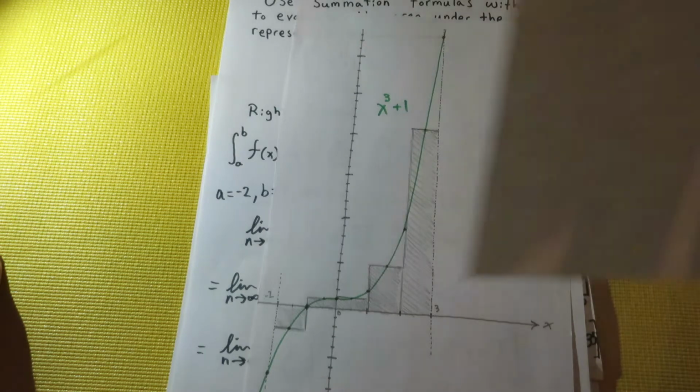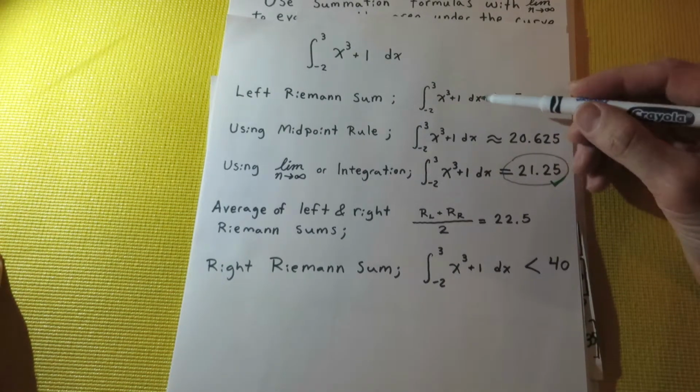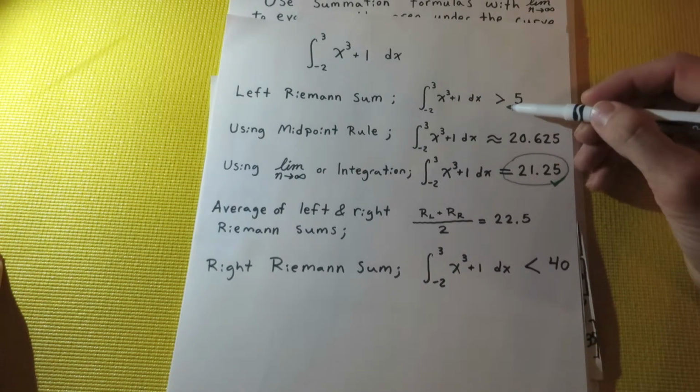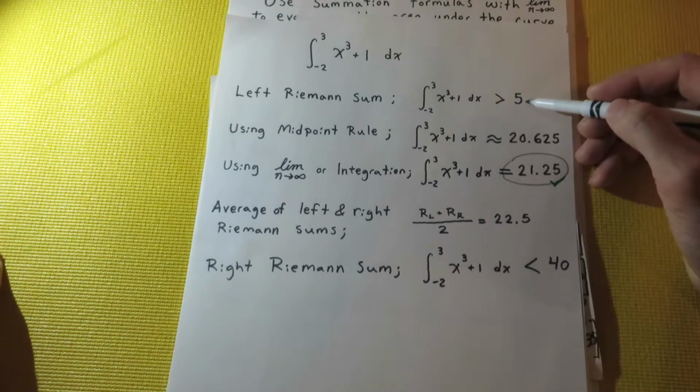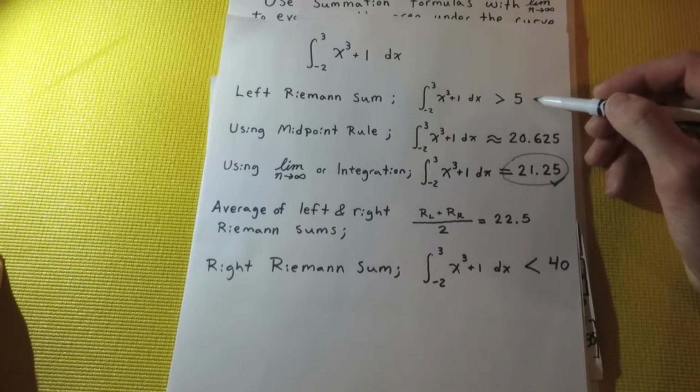Over the course of the last few videos, we have solved this in multiple ways. First, we took our left Riemann sum, and we showed that the value of the integral must be greater than 5, because we figured that 5 would be the greatest underestimate that we could have.